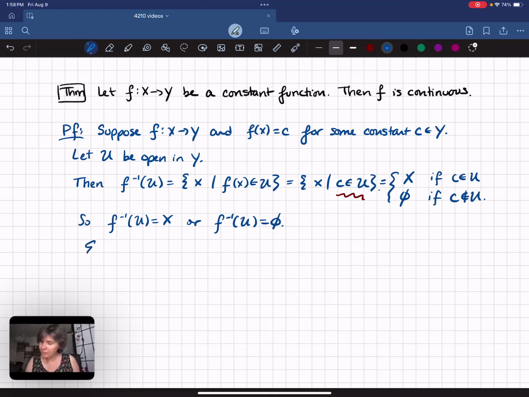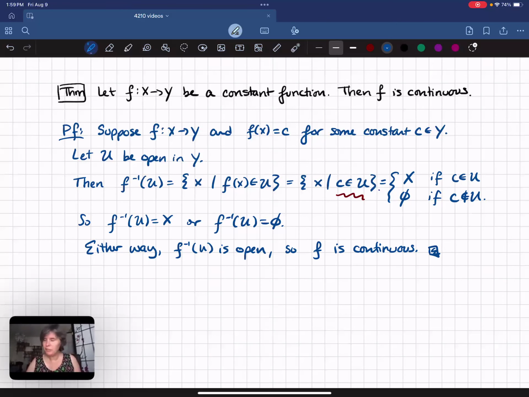Either way, f inverse of u is open. So f is continuous. Okay, so that shows that for any two topological spaces, a constant function is always continuous. That seems like a good thing.